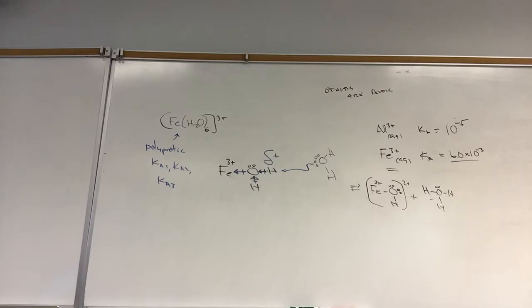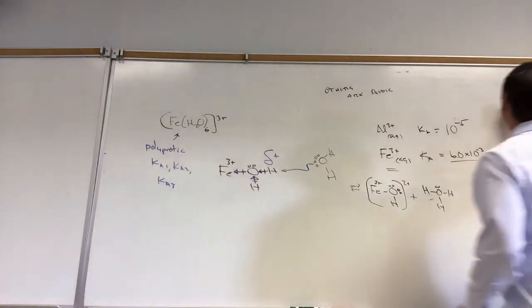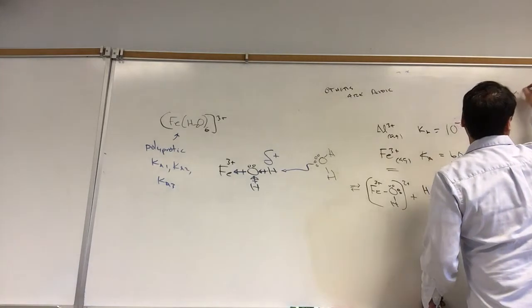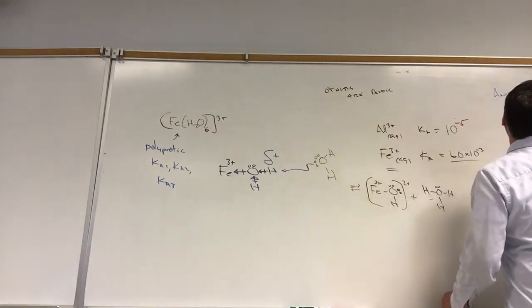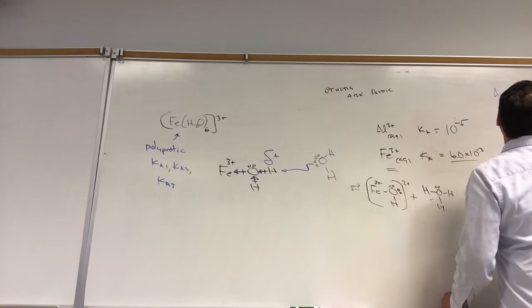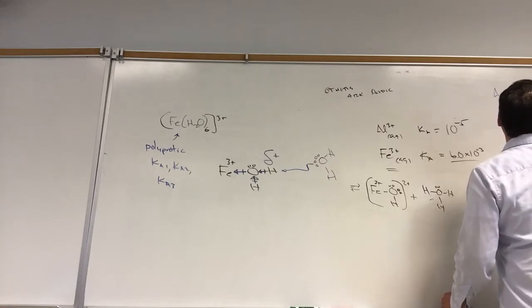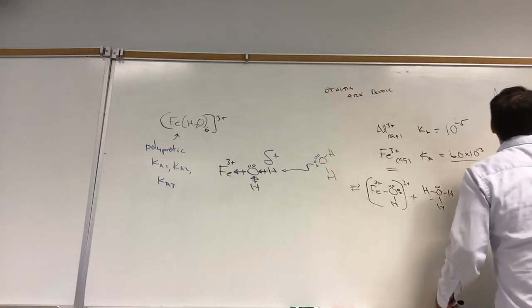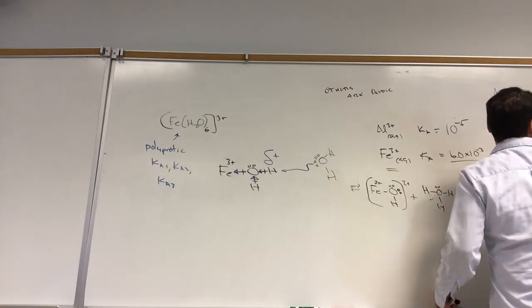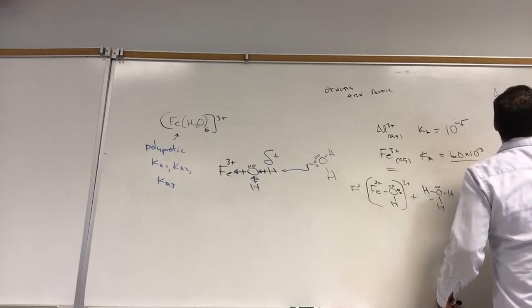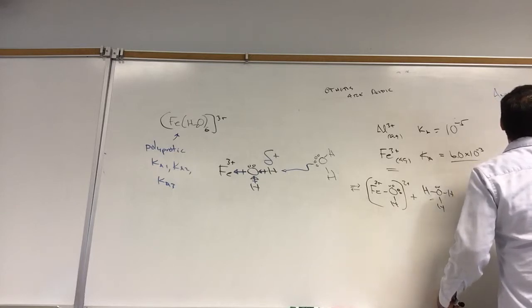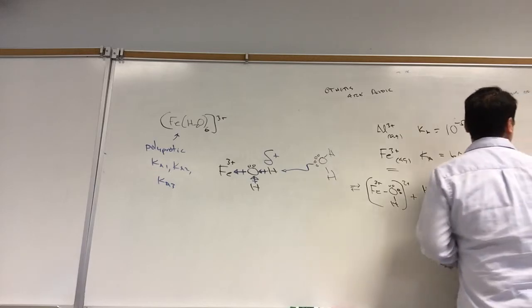All right, the next thing is the anions of the strong acids. Anions of strong acids are neutral, except for H2SO4.